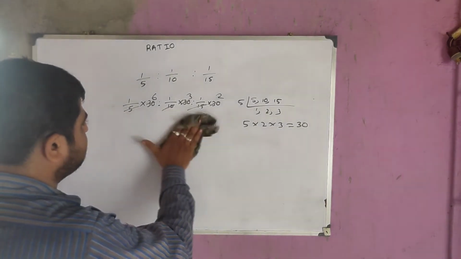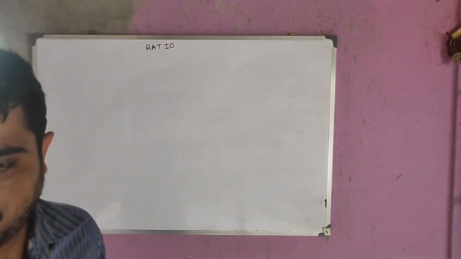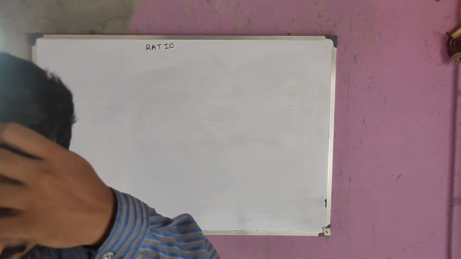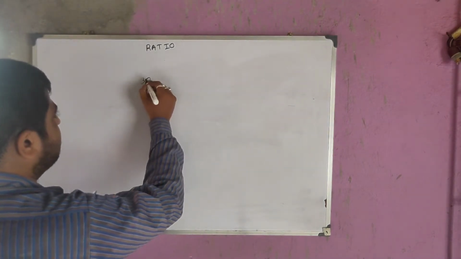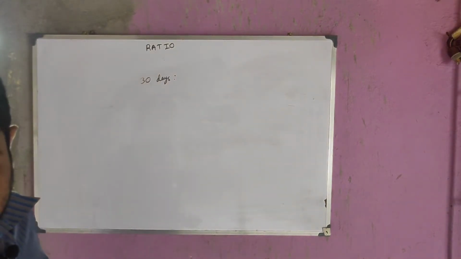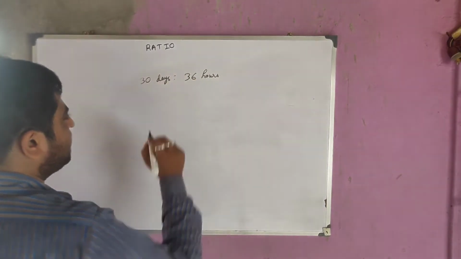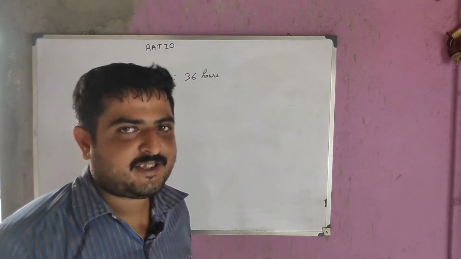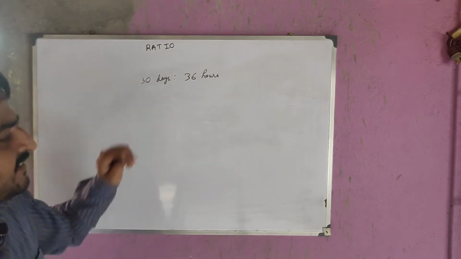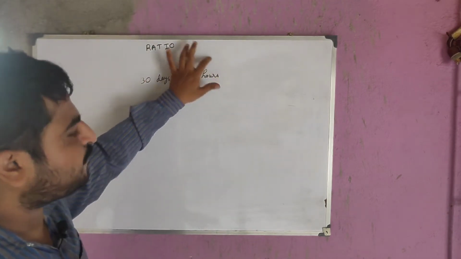Next, find the ratio of each of the following in the simplest form. One I am showing you: 30 days is to 36 hours. Now you can tell me, sir, here the units are not the same, but the quantity is the same. Days is the unit of time, hours is also the unit of time.